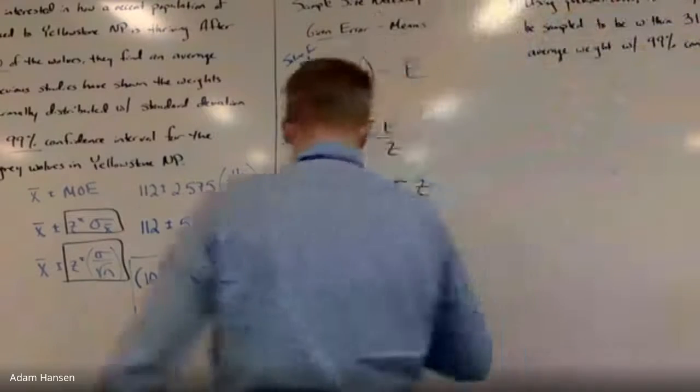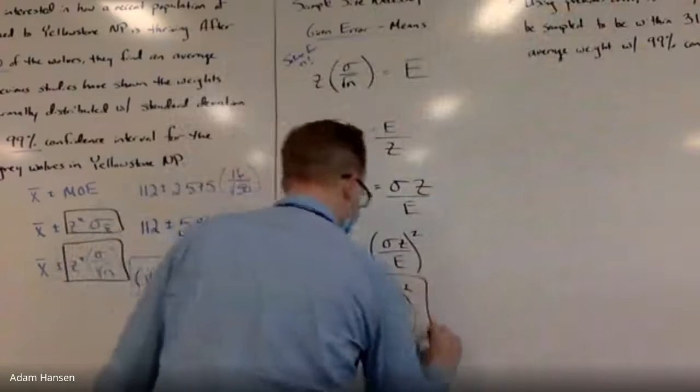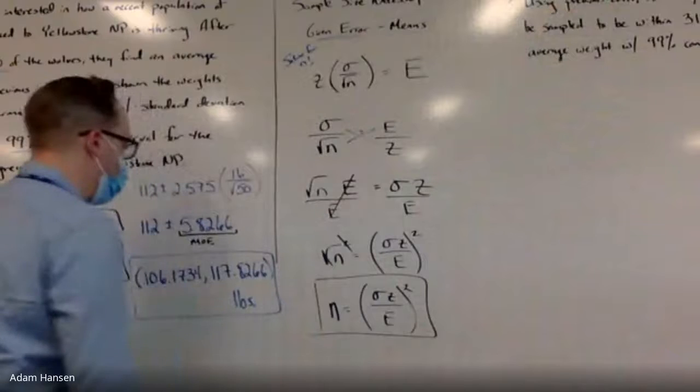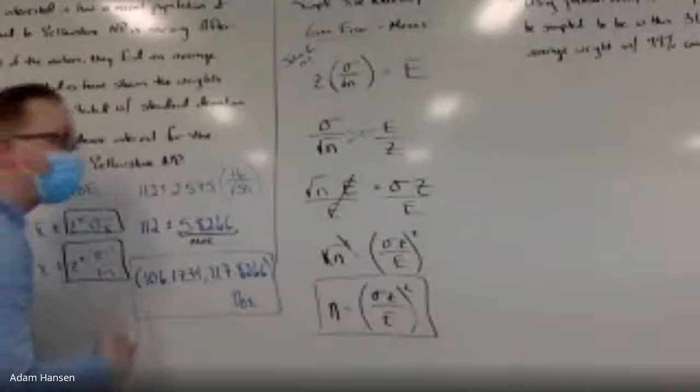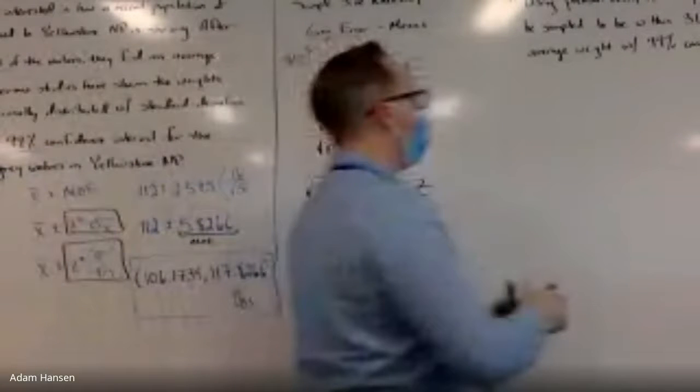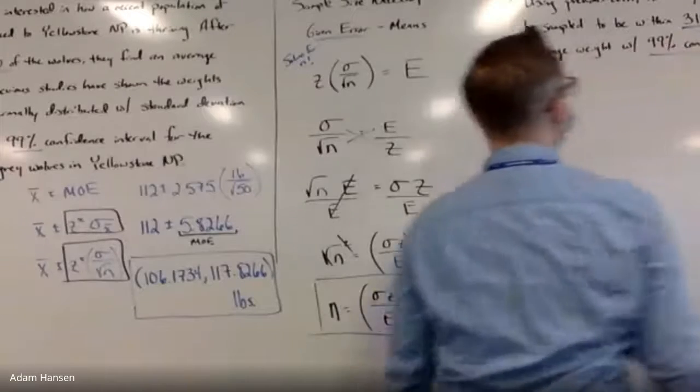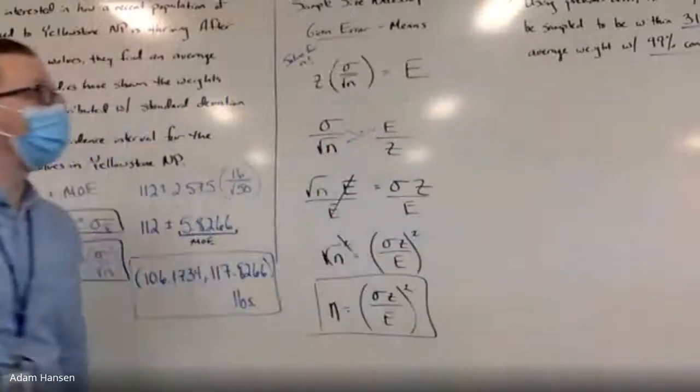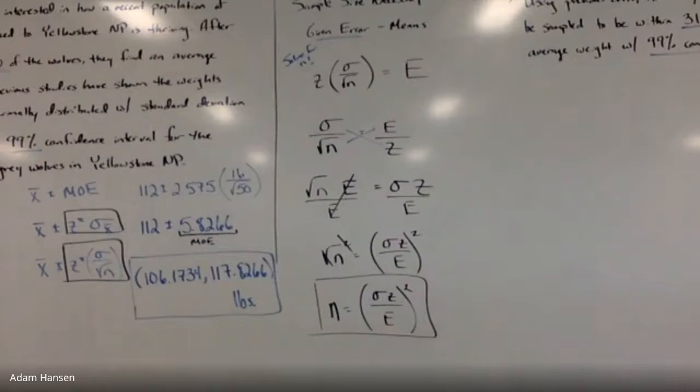Using this formula, we can now answer our researcher's question. They want to have a more accurate interval estimate. They want to be no more than 3 pounds away while still maintaining 99% confidence. Using previous data, how many wolves must be sampled and their weights taken so we are no further than 3 pounds away from the average weight and maintaining 99% confidence.